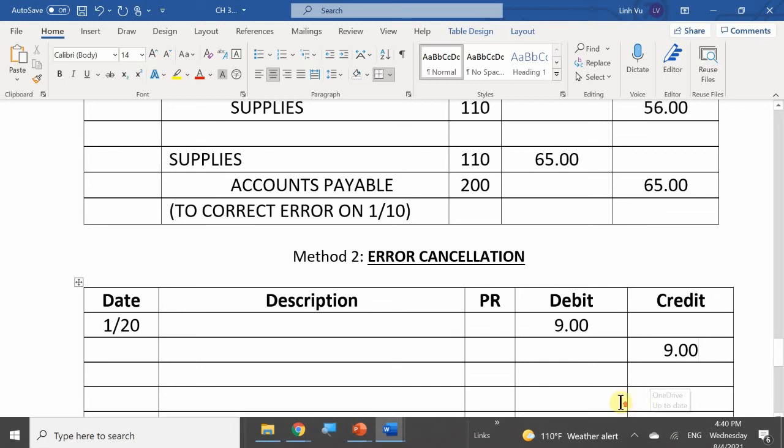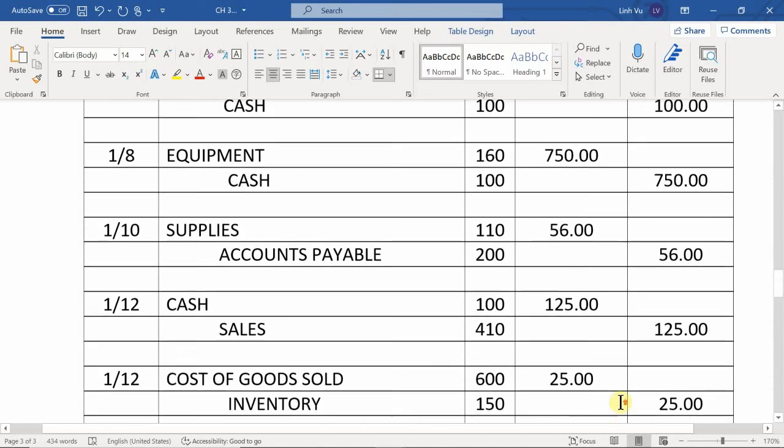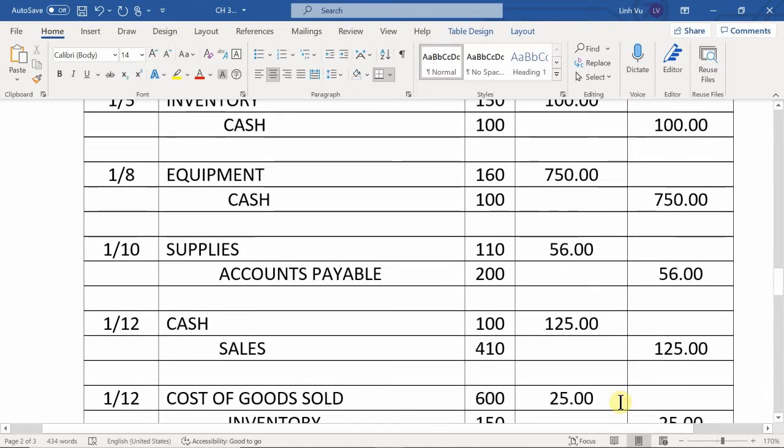Now, which account are you short in? If I originally said that I bought $56 of supplies and I charged my account for $56, am I short supplies? Do I need more supplies? Do I have too much supplies? Where am I going to put this $9 difference?